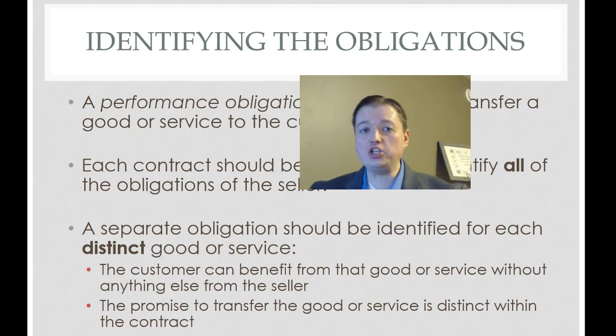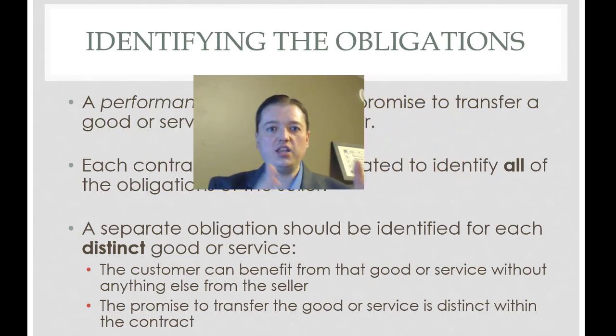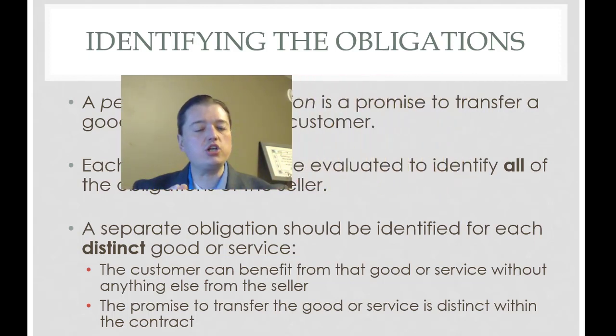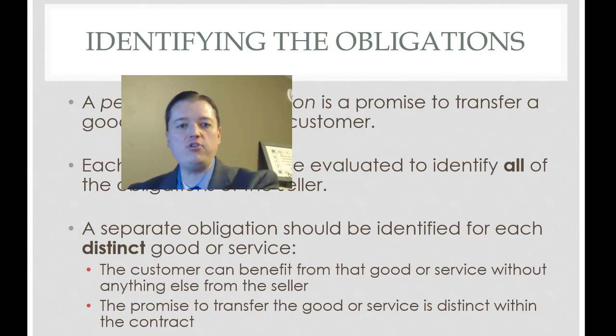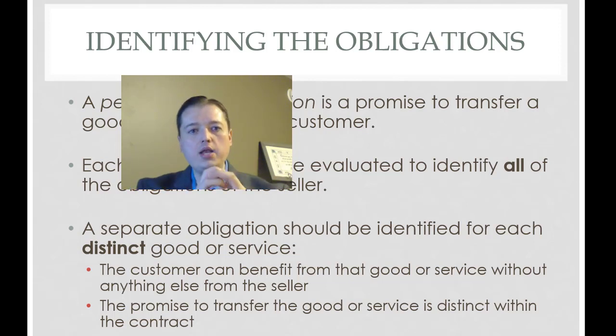Are they distinct obligations? Well, the courses and the grades are not distinct. You could not just take the course and not get a grade, and you can't get a grade without the course. So even though we're agreeing to let you sit in the class and do the work and give you a grade, I would treat those as one obligation because those 2 are not distinct from each other.